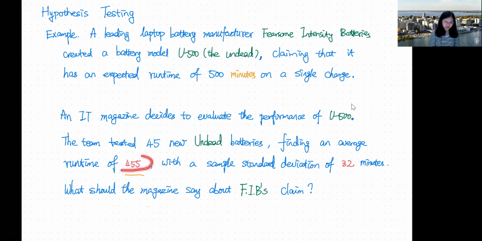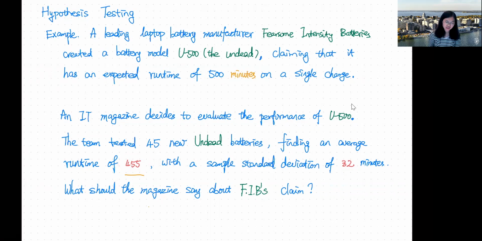So could this difference between 500 and 455 be due to the sample variation? Once you take into account the sample variation, is this still evidence against their claim? And this is what hypothesis testing deals with.